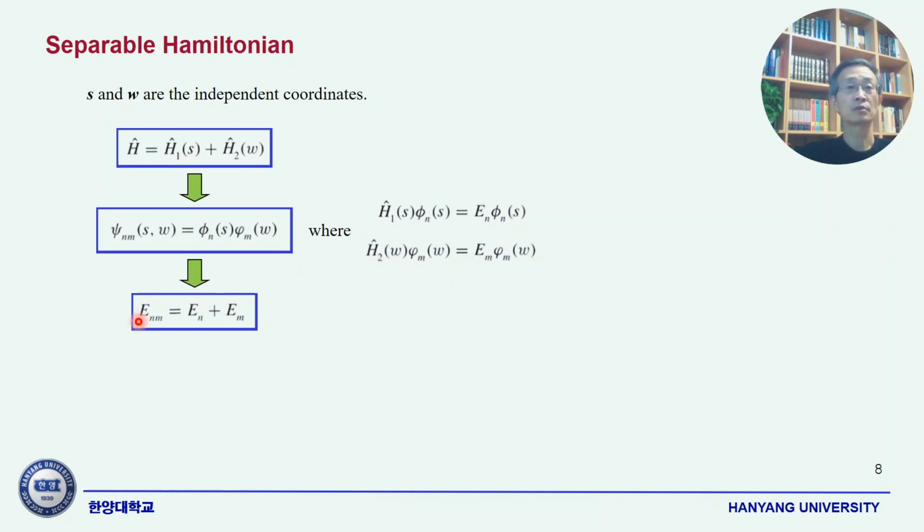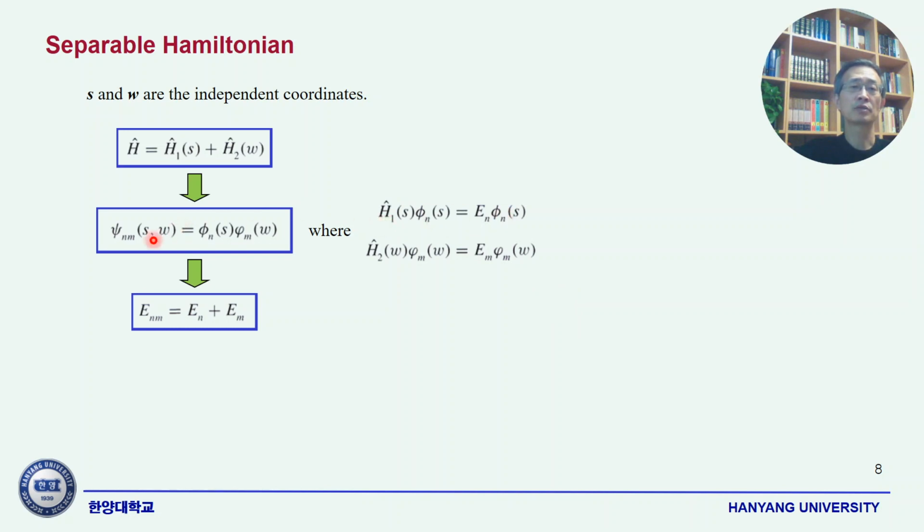Then your total energy is a sum of the energy associated with quantum number n and the energy associated with quantum number m. That is, the energy of your degree of freedom S plus the energy of your degree of freedom W. So when you have two or more independent coordinates or variables, you separate the Hamiltonian, and separately you obtain the wave function and energy.